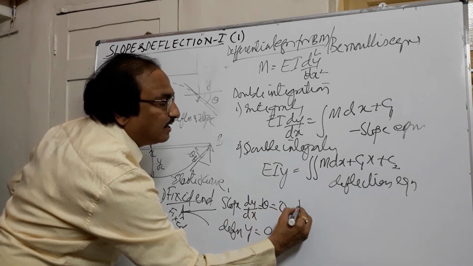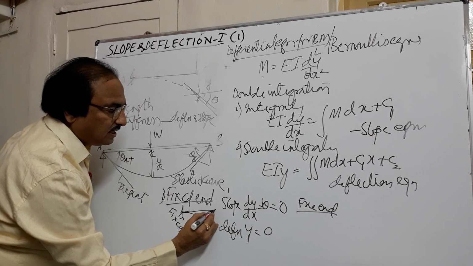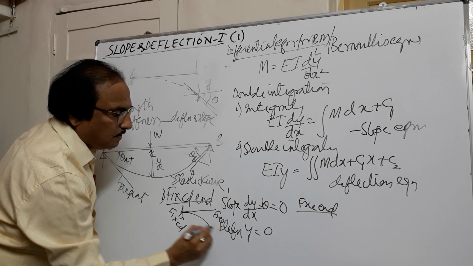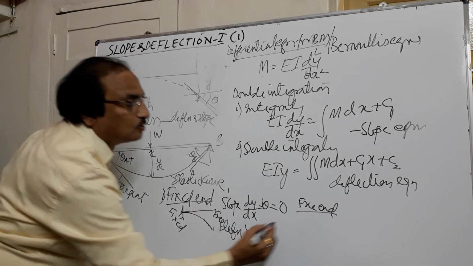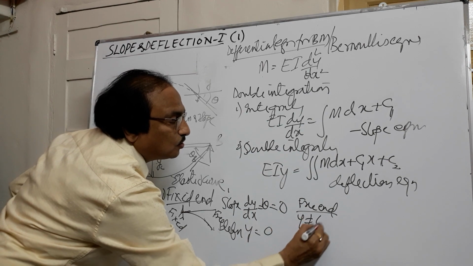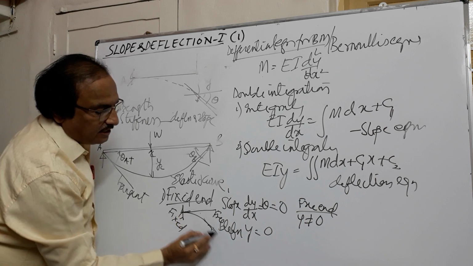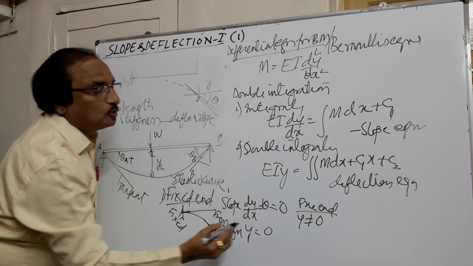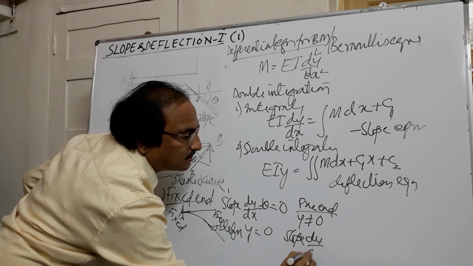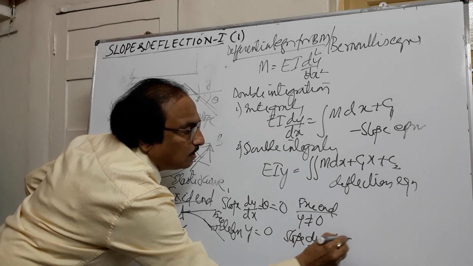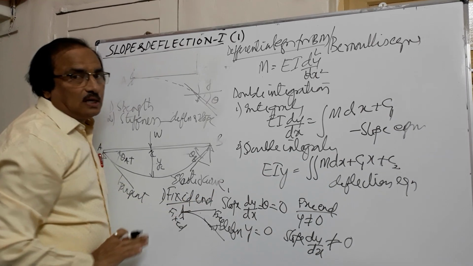Now if it is a free end, whenever there is a free end, it will get deflected. So deflection will not be 0. There will be deflection. And if I draw a tangent here, it has a slope also. So slope dy by dx is not equal to 0. So at fixed both are 0, at free both are not 0.